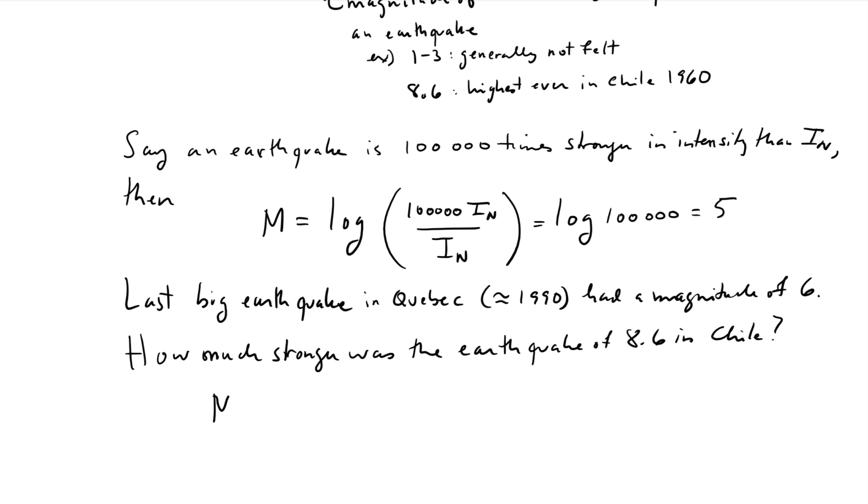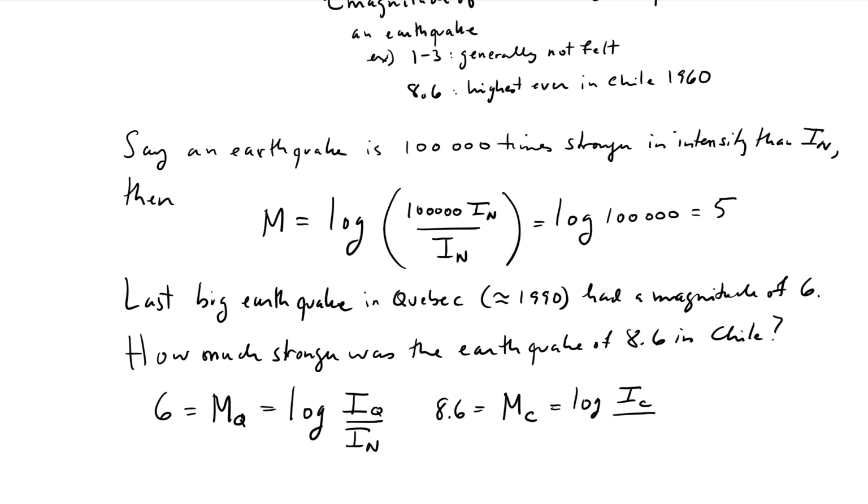So I'll write here, this is the magnitude of the Quebec earthquake. It's calculated by looking at the log of the intensity of the Quebec earthquake over the intensity of the reference earthquake from 1935, the smallest possible recordable in 1935, remember? I'll write M of C, the magnitude of Chile, this is 6 here. And the magnitude of the Chile earthquake is log of the intensity of the Chile earthquake over IN.